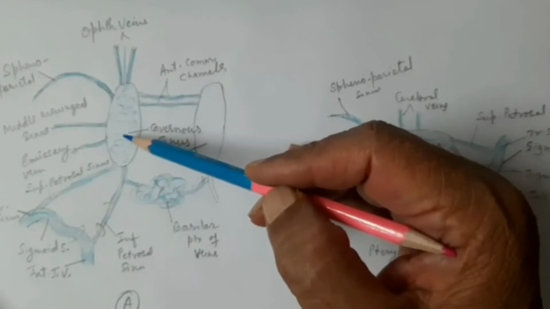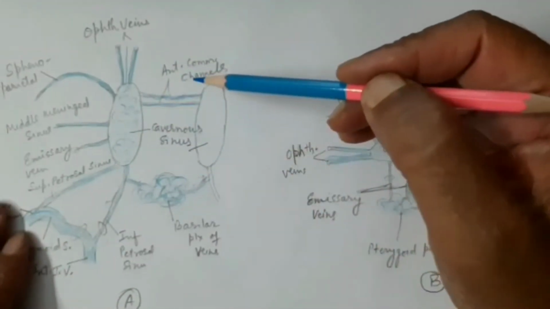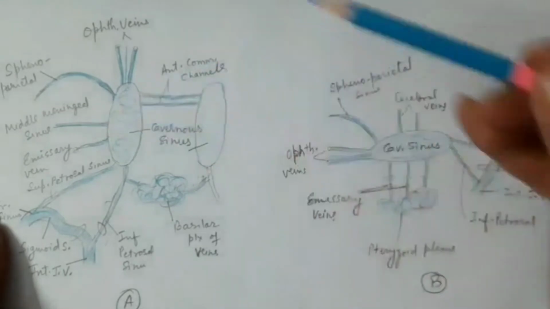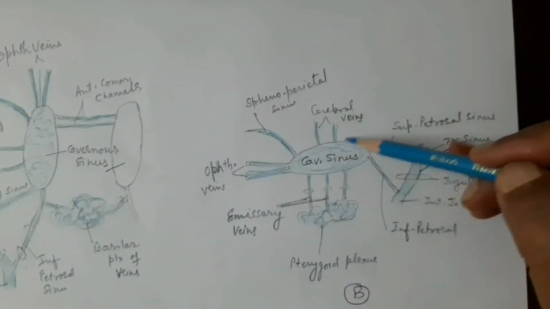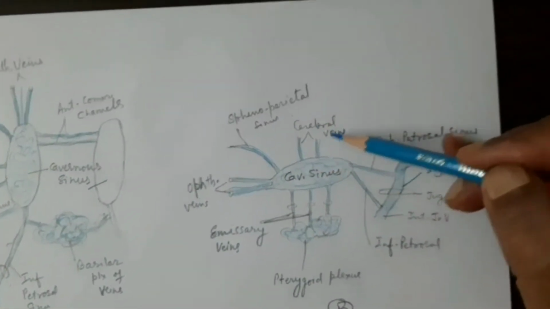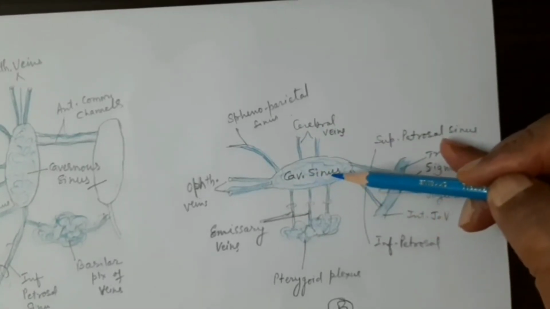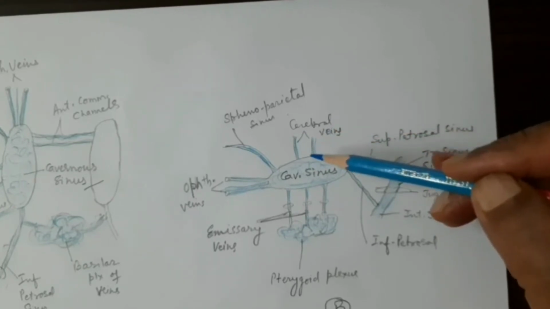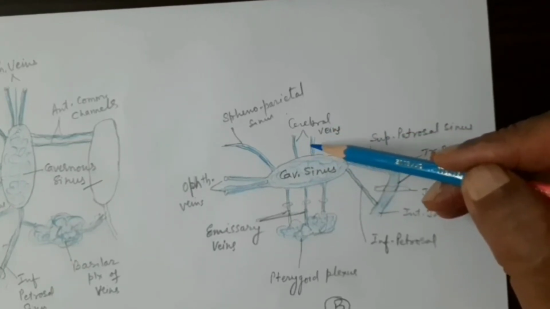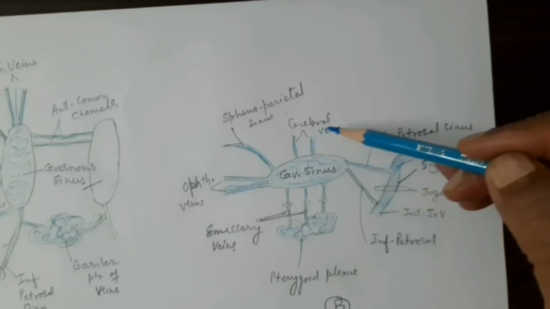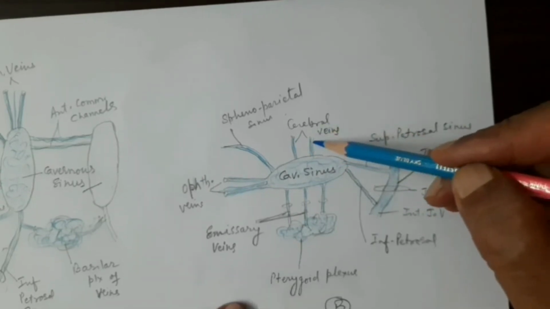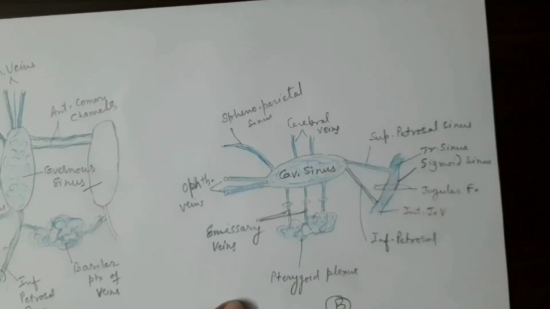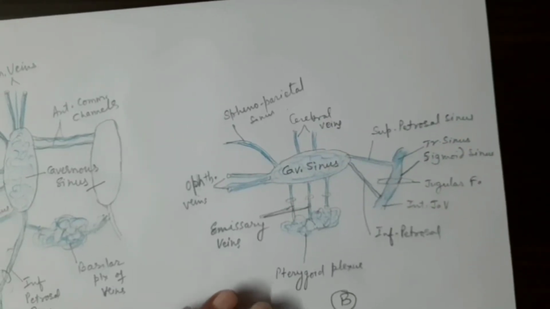Let's go to the cerebral veins. The blood is brought by the cerebral veins, which are in two sets: the inferior cerebral veins from the inferior surface of the cerebrum, and the superficial middle cerebral vein from the middle portion of the cerebrum, which goes along with the middle cerebral artery.